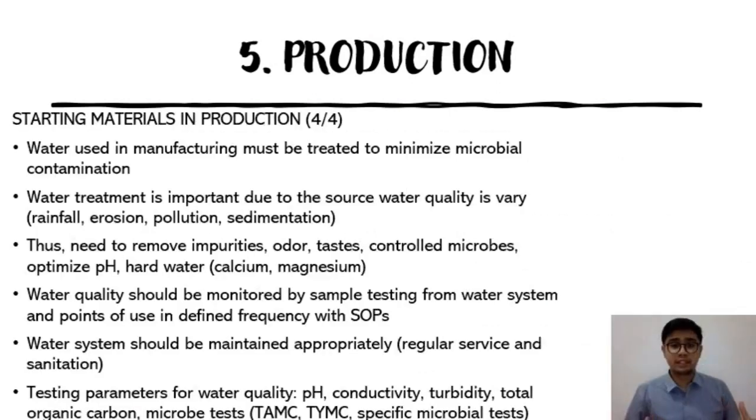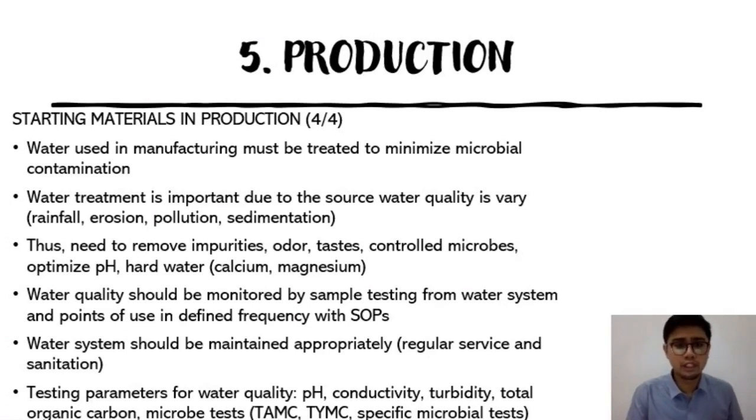Water is also considered a starting material in production. Thus, the quality of the water used in the production must be strictly controlled. It must be treated due to the variety of sources of water and to minimize microbial contamination. The water treatment should also be able to control the pH, and remove impurities, tastes, and trace elements such as calcium and magnesium.